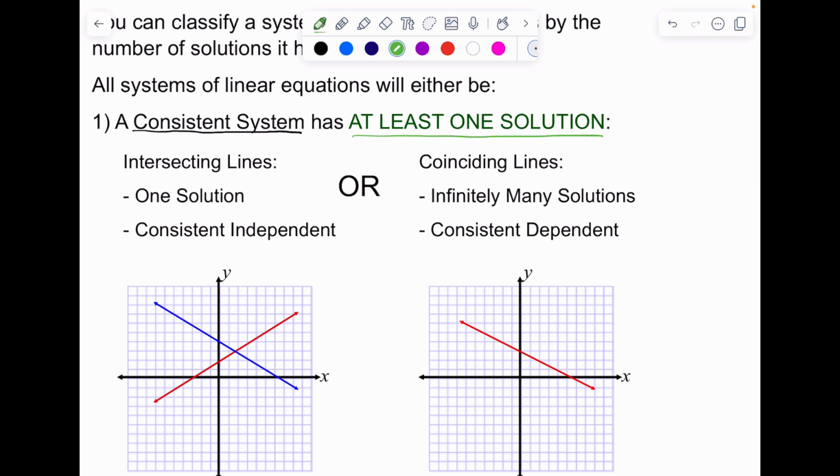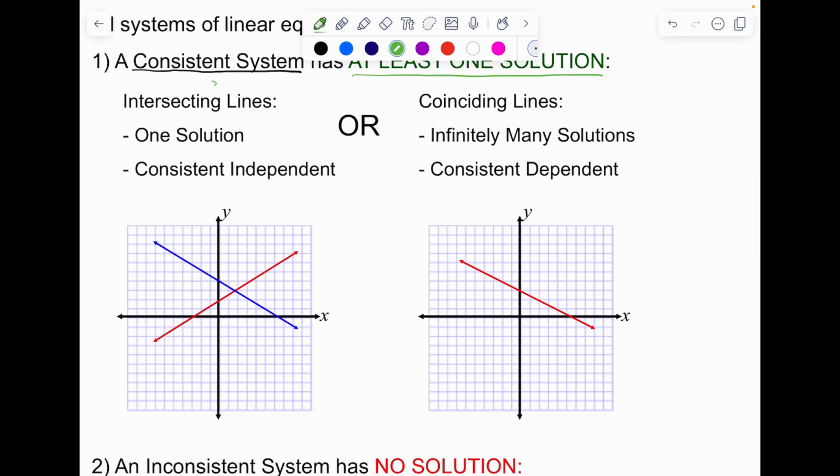If you have intersecting lines, you're going to have one solution, one intersection. When you have one solution of intersecting lines, that is called consistent, independent, because you have one individual solution.